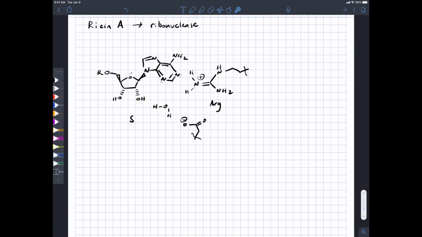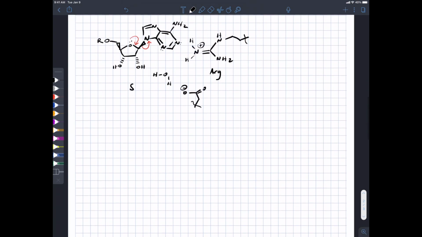Now the rate determining step for the transition state is formation of an oxocarbenium ion, and the adenine base leaves.